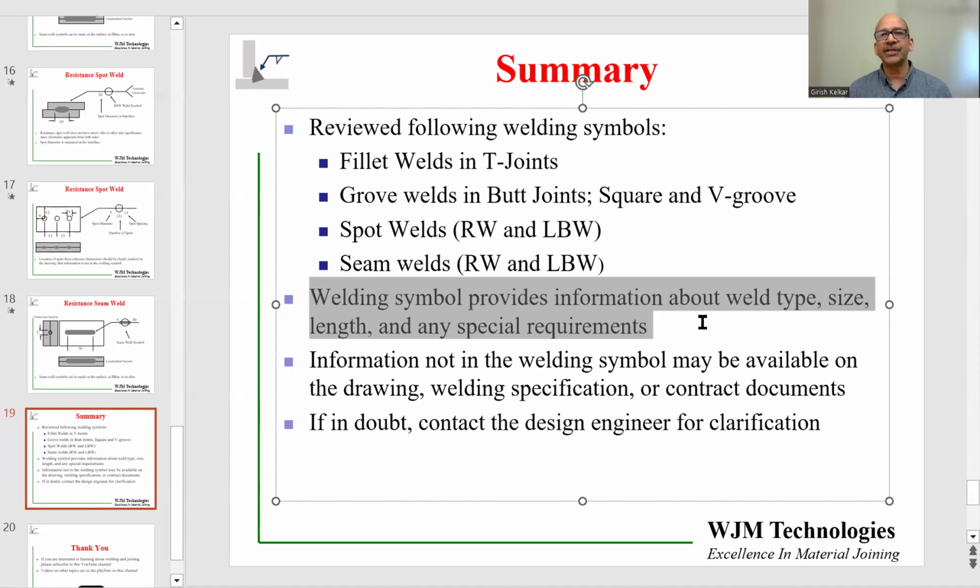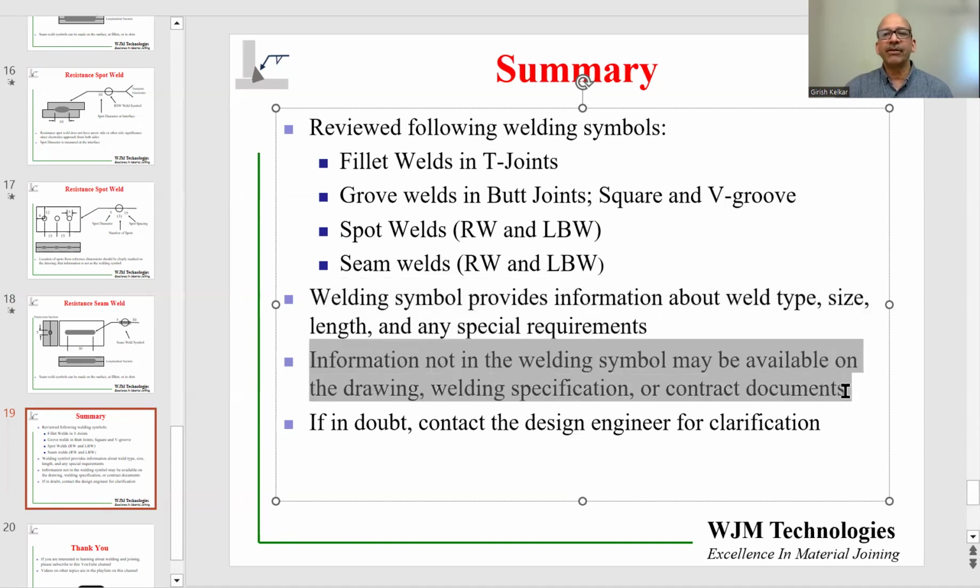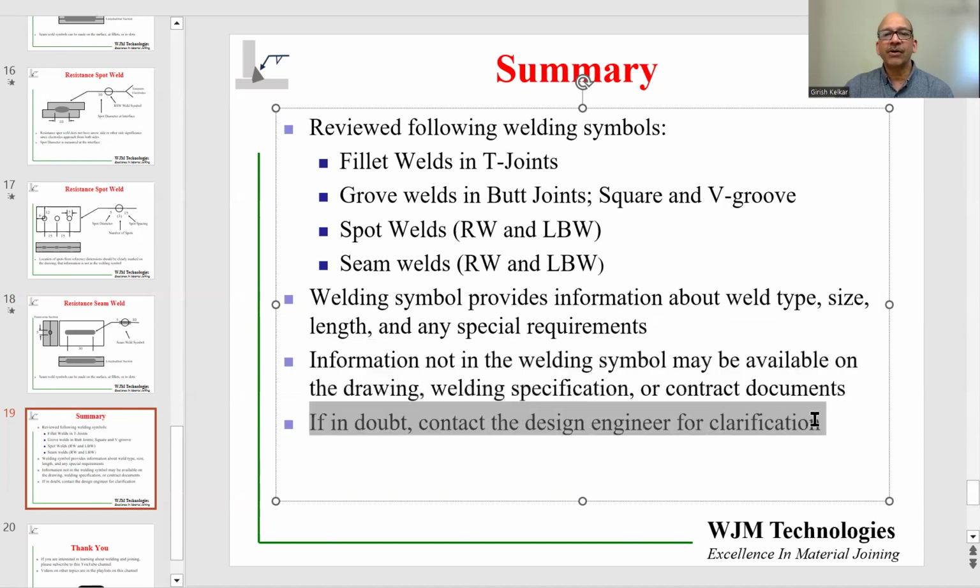All of that information has to be in a process document. So in addition to the welding symbol, you need a lot of other documentation to truly understand how the design engineer expects you to make this weld. If in doubt, always contact the design engineer for clarification, because you're going to spend a lot of time and effort trying to make this weld, and you don't want to make something which at the end does not meet the expectations.